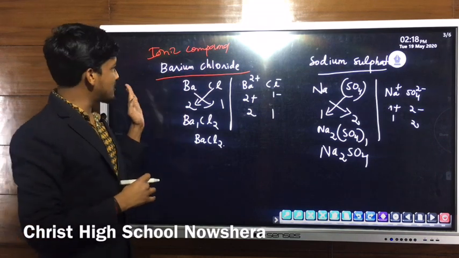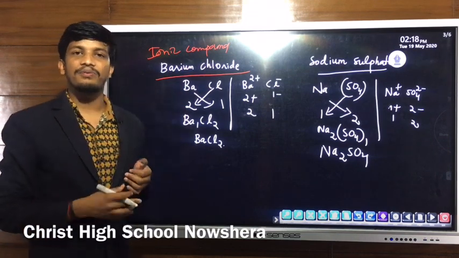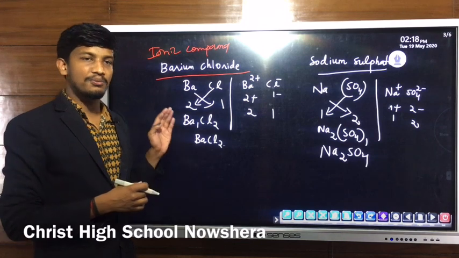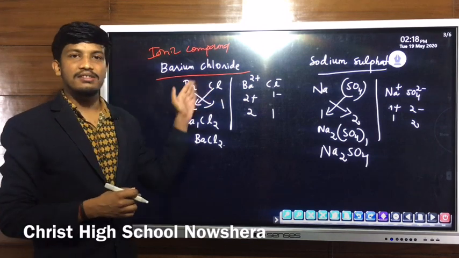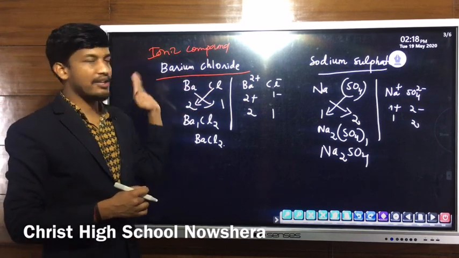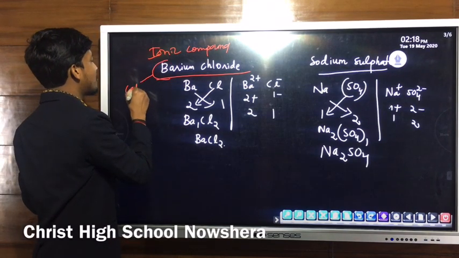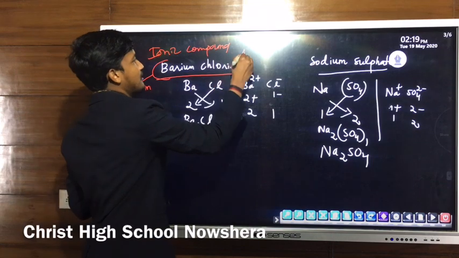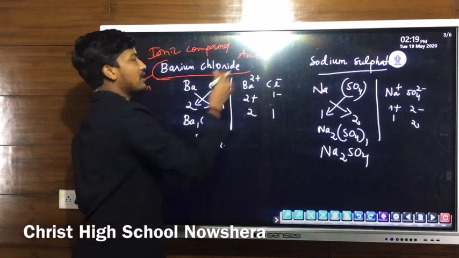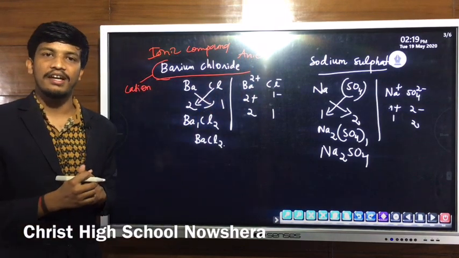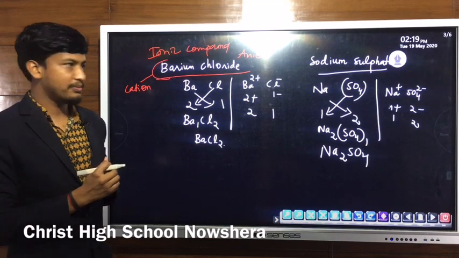So it is clear it is an ionic compound. For finding the chemical formula of an ionic compound, we use exchanging valencies of cation and anion. Here cation barium and anion chloride. If we know the symbol and charge of cation and anion, we can find its formula.